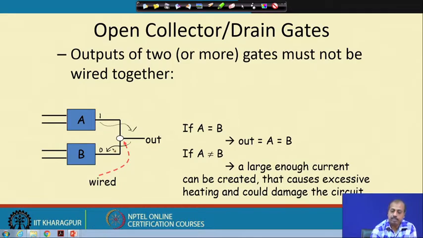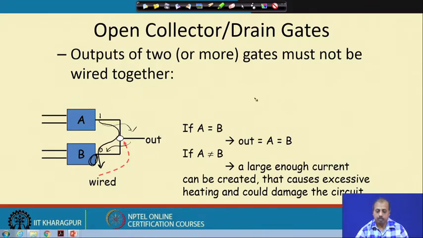As a result, a large amount of current may flow through this circuit. This current may be so high that the transistors in the lower part of the B logic block may not be able to withstand it. A large enough current can cause excessive heating and could damage the circuit.